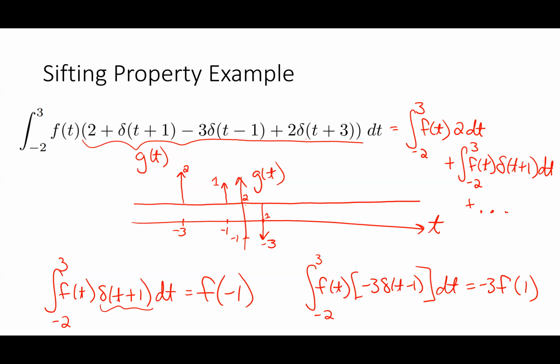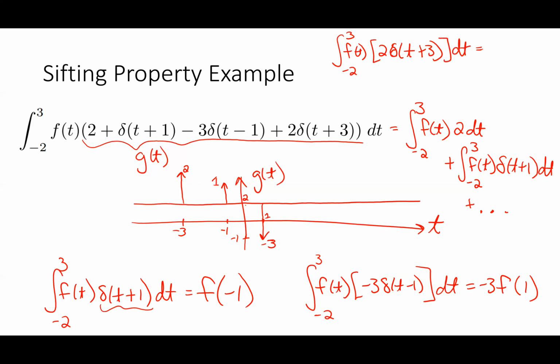Then I'd have one more to do: the integral from -2 to 3 of f of t times 2 delta of t plus 3 dt.